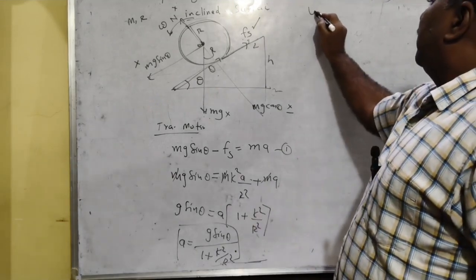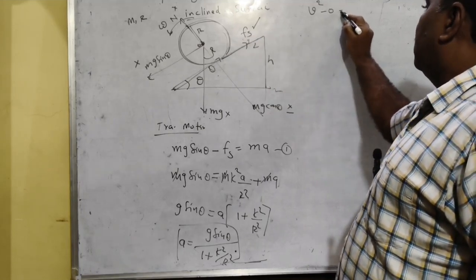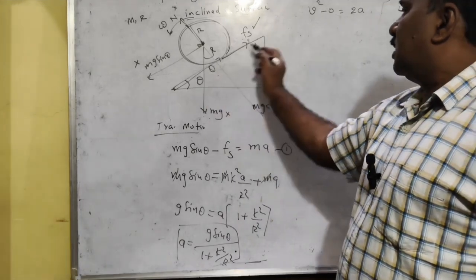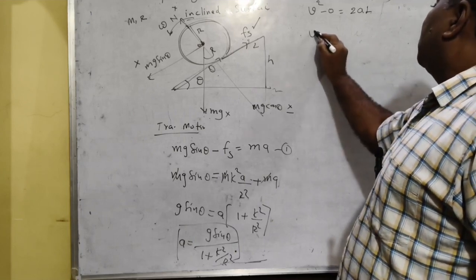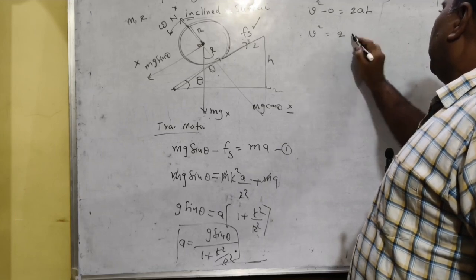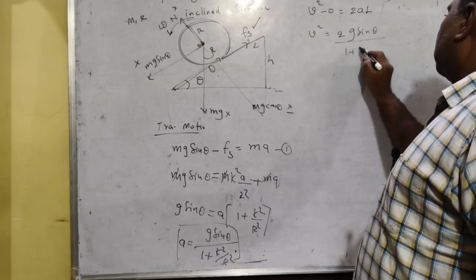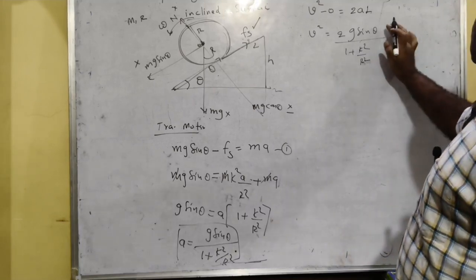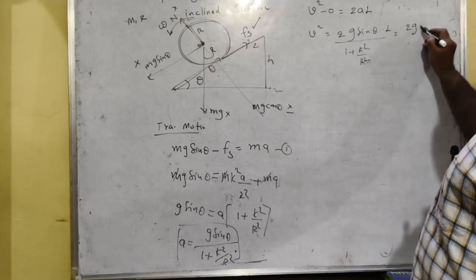First we will use the linear equation v square minus u square, with the initial velocity of this body starting from rest, is equal to 2a into the distance it travels, L, which we took initially as 2a s. Therefore v square is equal to 2 into a, which is g sin theta by 1 plus k square by r square, into L. What is sin theta?